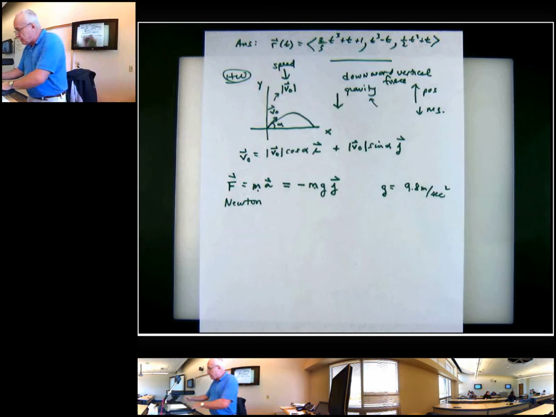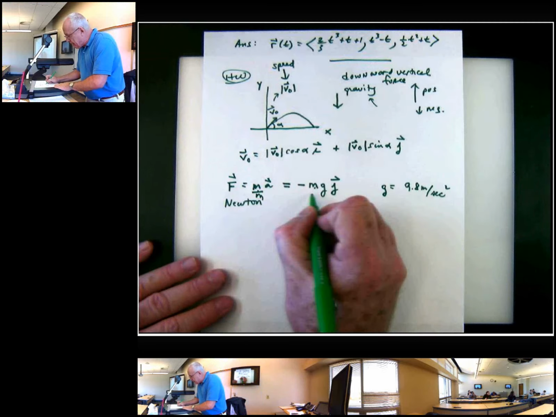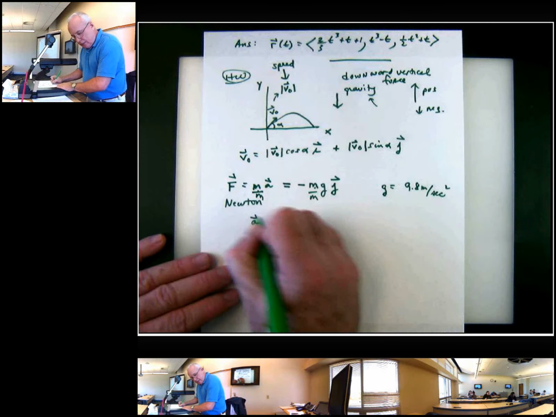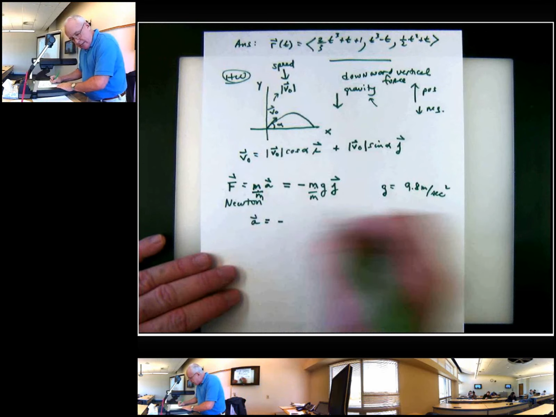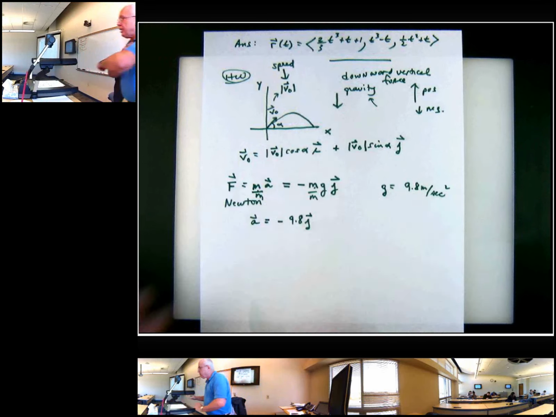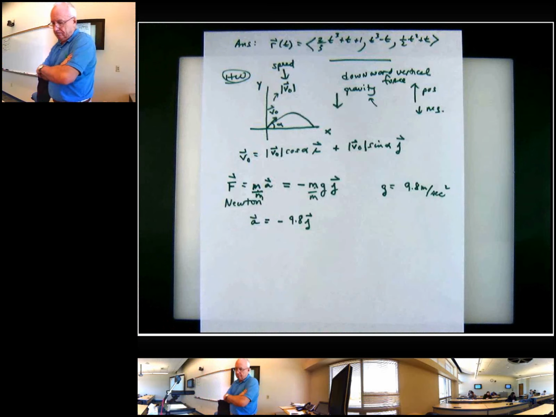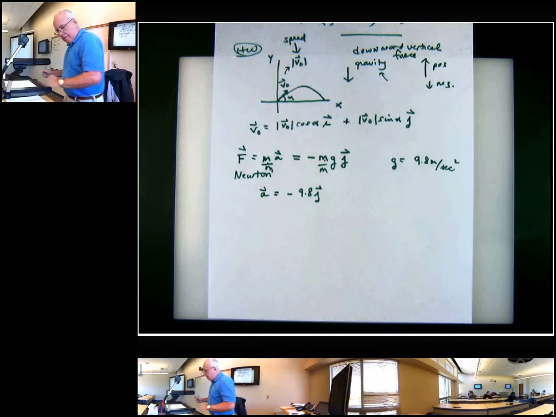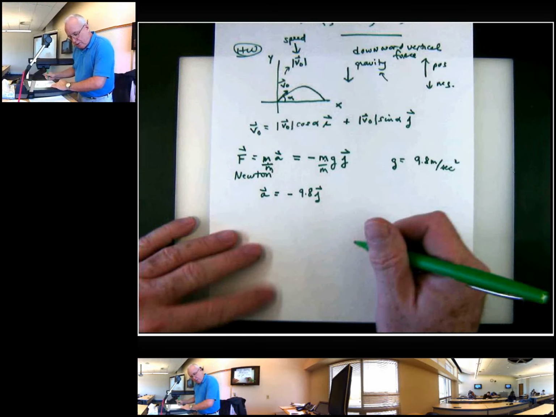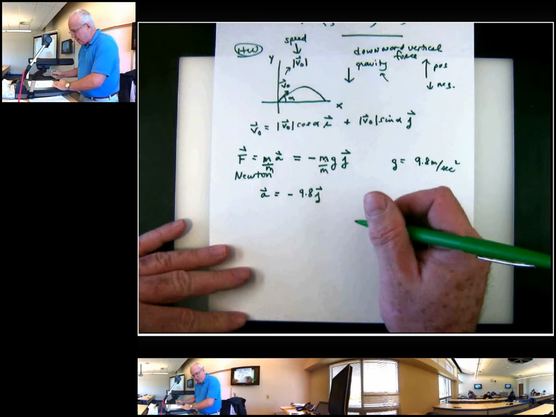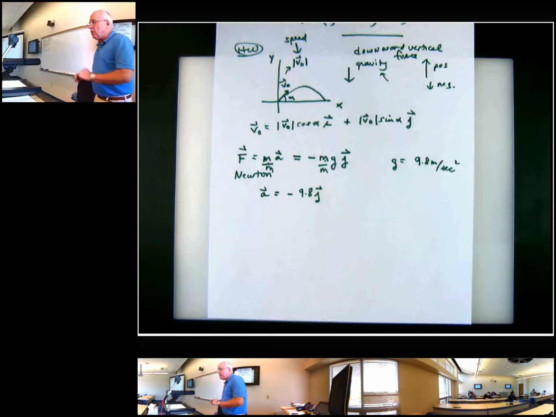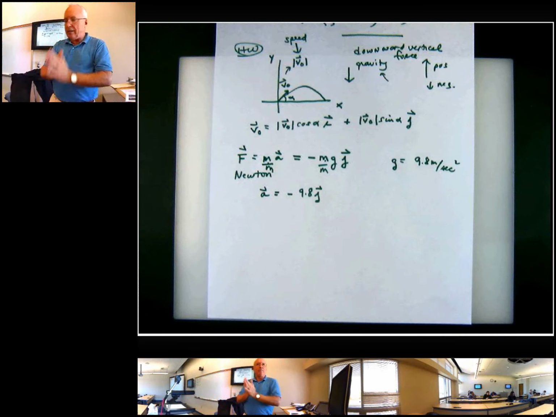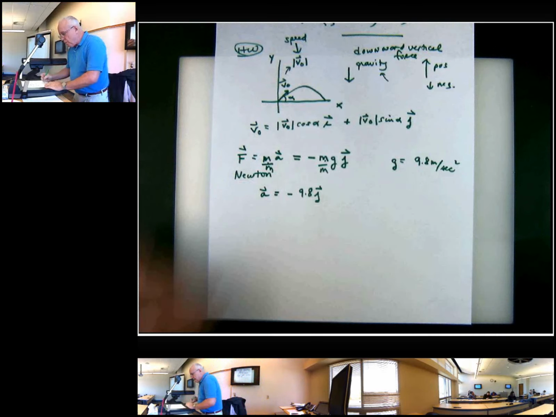This is an equation, so I can divide both sides by the mass, and I end up getting that the acceleration of this thing is equal to minus 9.8 times the vector j. I'm going to end up coming up with the formula, or pretty close to it. We'll see how much detail I come up with. This is the acceleration of this projectile from gravity.